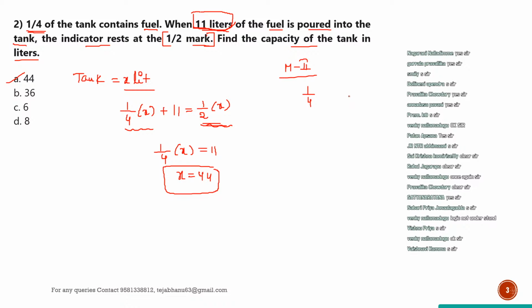That is 1 part equal to 11 liters. That is what he has given indirectly. The multiplication factor is 11. I want 4 parts, 4 into 11, 44 liters. So directly by having a look at the question, we can answer instead of using an equation.